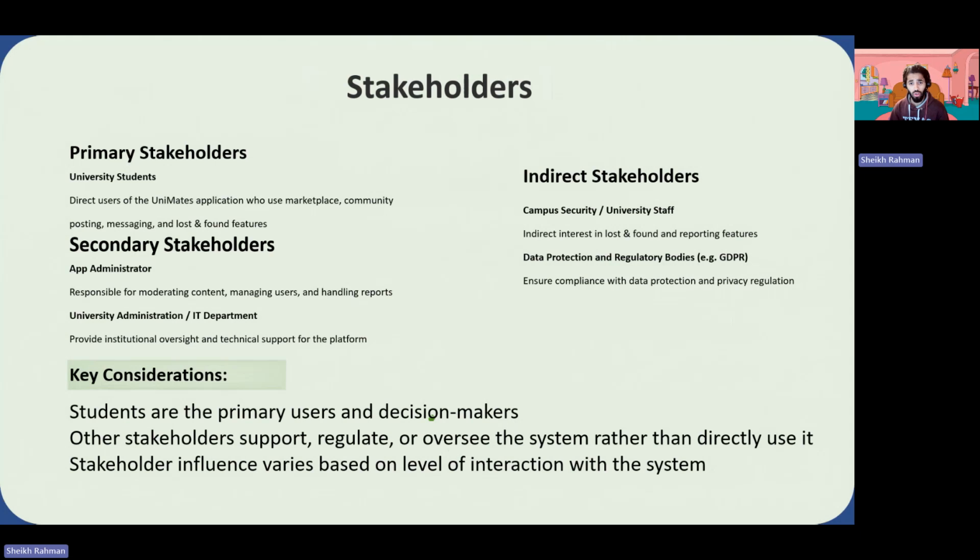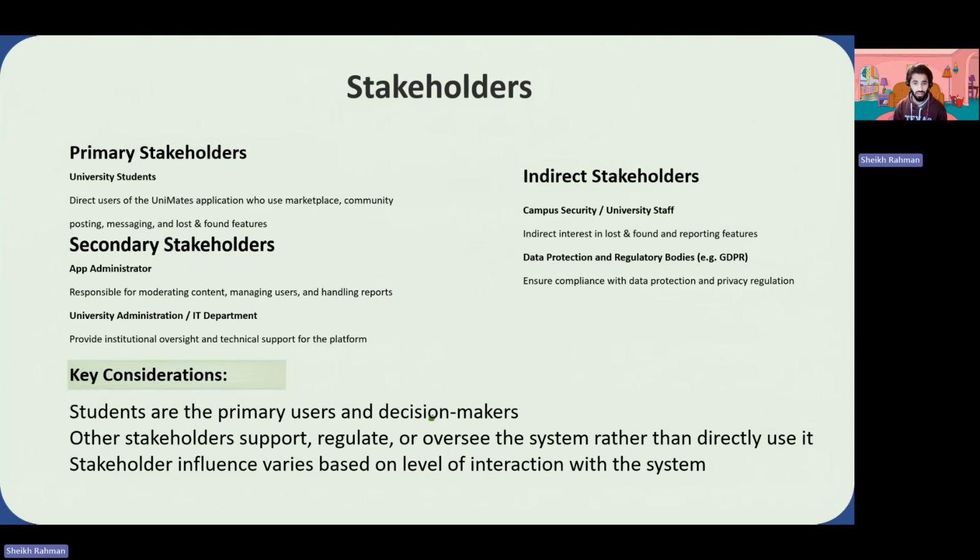Stakeholders are individuals or groups that influence or are influenced by the Inimaze system. Primary stakeholders include university students who directly use the application features such as marketplace, community posting, messaging, and lost and found. Secondary stakeholders include the administrator who moderates content and manages users, and the university administration or IT department, which provides technical support or institutional oversight.